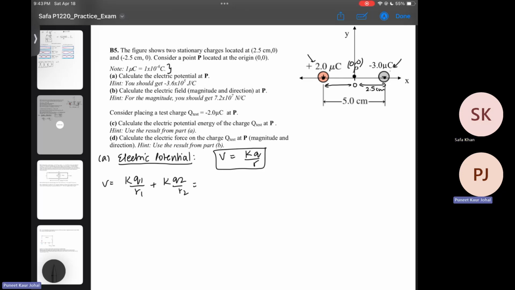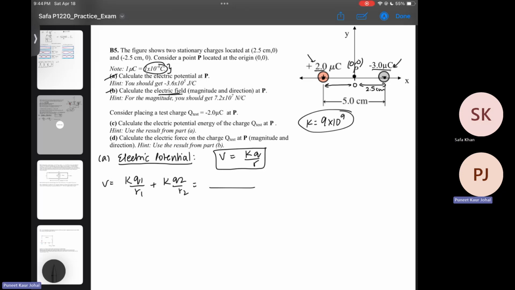The K value is a constant, 9 times 10 to the 9. And then you're given Q1's charge, but make sure that you convert it into SI units, which is coulomb. Otherwise, your answer will be in different units. So I'm going to make sure that's consistent. And that's it. That's for P.